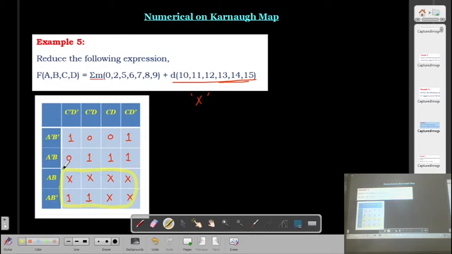Same way, here this high level is there, another high level is there, and we have two crosses. So you can also mark this one as a quad, a group of four high levels. Now the remaining, here in this corner a high level is there, in this corner a high level is there, here you have a cross, so you can consider it as a high level, and in this corner also a high level is there.